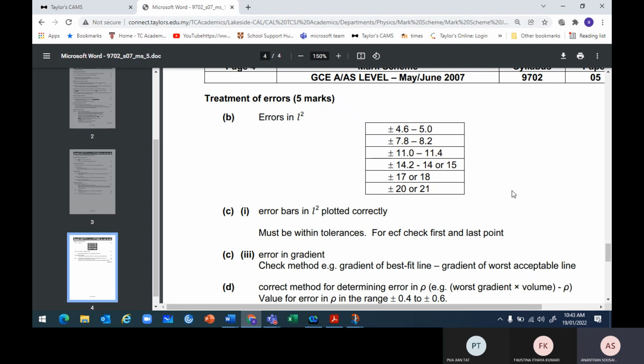Because your second reading is 100, so plus minus 8. We follow the same decimal place. 100 plus minus 8. The error should be in between this.